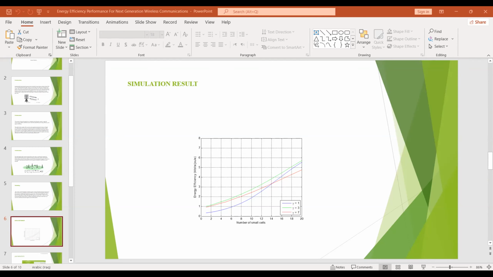And the difference of the signal to noise ratio, values of 1, 3 and 7 are considered, which are the corresponding target SNR.